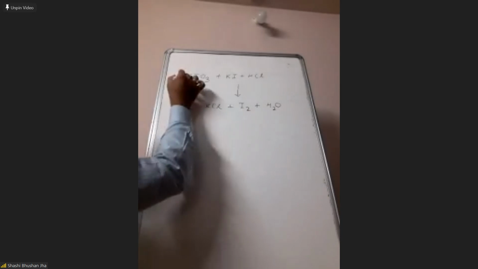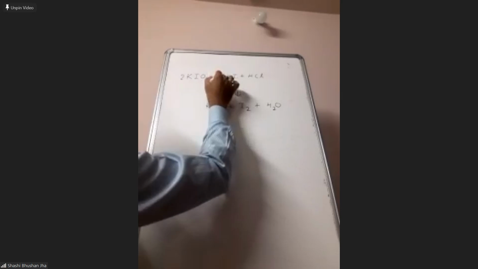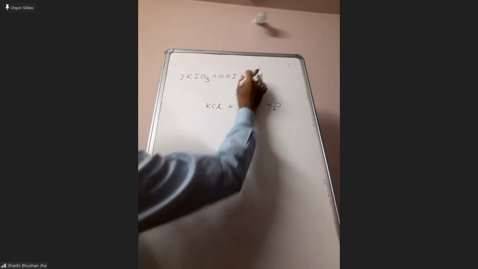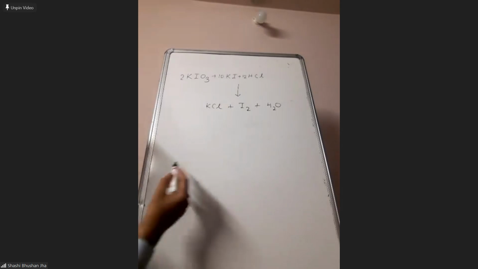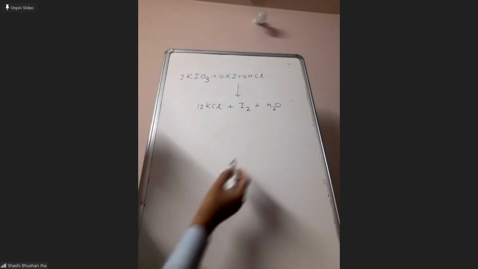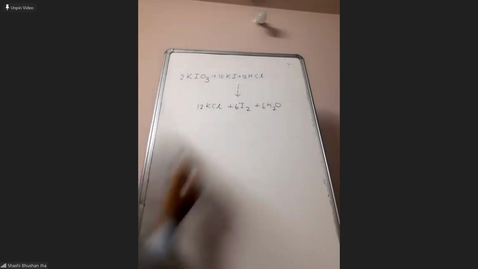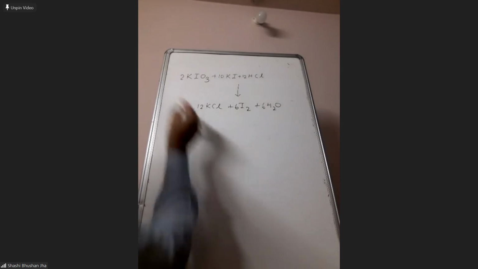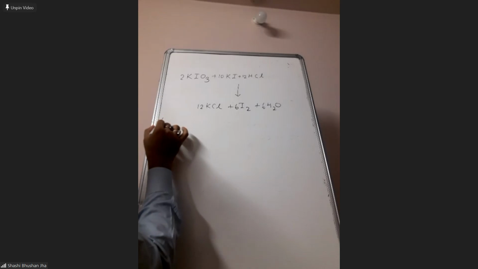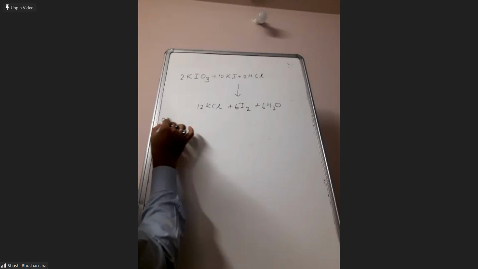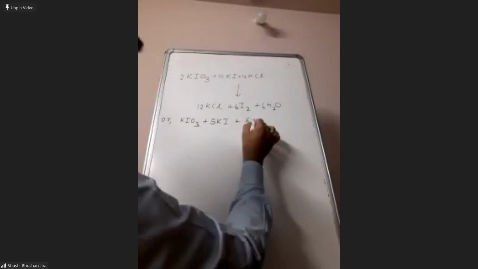If you balance it, you can write it in this way: KIO3 plus 5KI plus 6HCl.